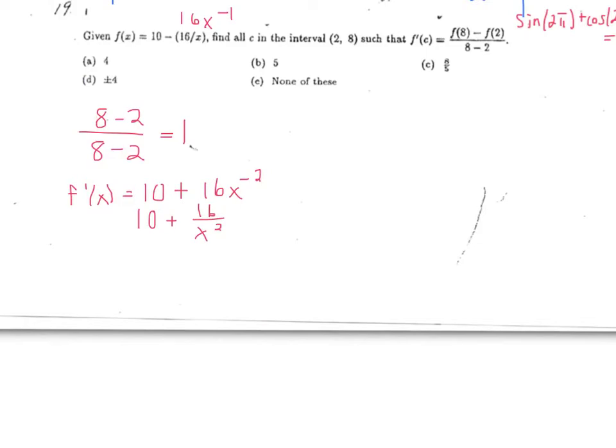And I want to find where that equals 1, so I'm going to set it equal to 1. And subtract 10. So 16 over x squared will equal a negative 9.